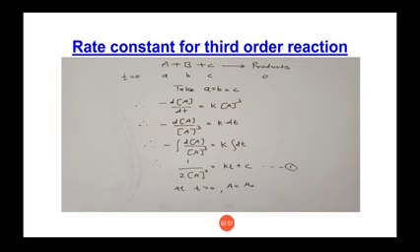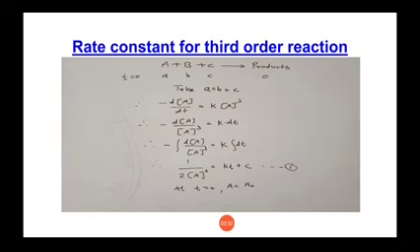For that we are taking a reaction, say A plus B plus C gives products, means here A, B and C, 3 reactants are there, where small a is the moles of reactant A, small b is the moles of reactant B, and small c is the moles of reactant C. At t equal to 0 time there will be 0 products, means concentration of reactants is 100%.